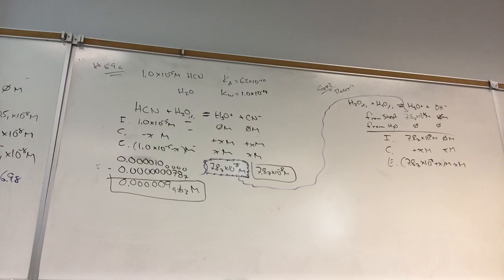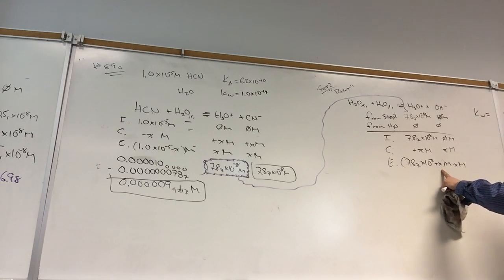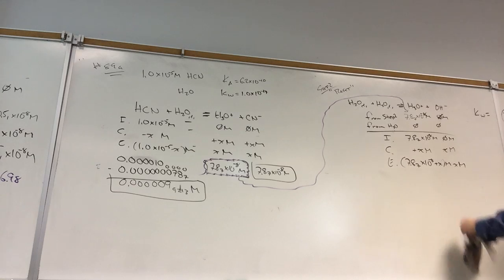Okay, and then I go over to Kw here, and then just plug it in. 7.87 times 10 to the minus 8 plus x, times x. And then I'm going to use the small x approximation. If I use it, then this is approximately equal to 7.87 times 10 to the minus 8 times x, which is equal to Kw, 1.0 times 10 to the minus 14.